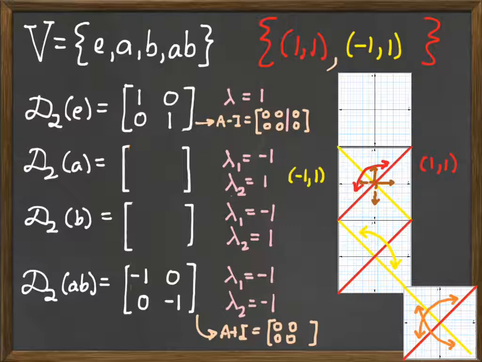So when I apply this reflection, D2 of A, to the first basis vector, which here is (1, 1), this reflection flips (1, 1), because that's the direction that we're reflecting for this matrix. So it becomes negative 1 times itself plus 0 times the other vector. So the first column is (-1, 0). Why? Because (1, 1) was an eigenvector of this transformation.